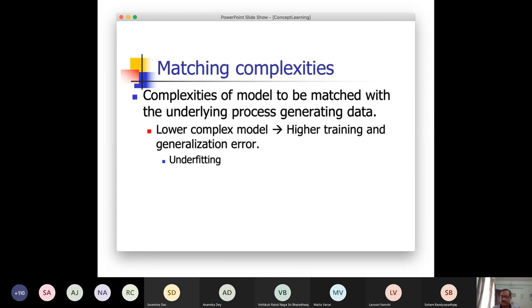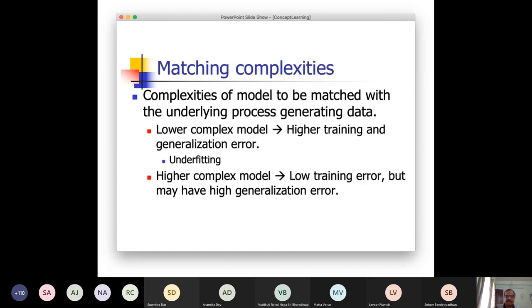If the process itself requires that kind of relationship, you are not going to fit that model very well, so you will get higher training errors. That is the indication. If you are not able to get training error within the desirable limit, you have to think about changing the model or increasing the complexity of the model.